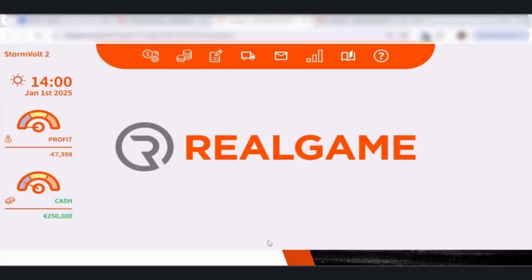RealGame is a clock-operated business simulation game for teaching various disciplines, including procurement. This is the student's user interface to RealGame. Student teams manage the ERP system of a battery manufacturing company and run its operations from purchasing to customer deliveries. All teams operate in the same supply and customer markets, so they compete against each other.